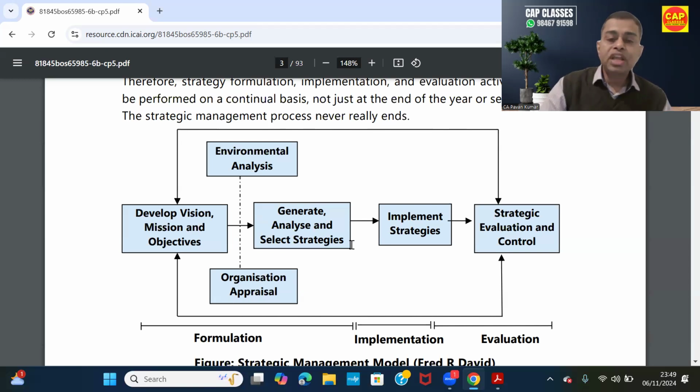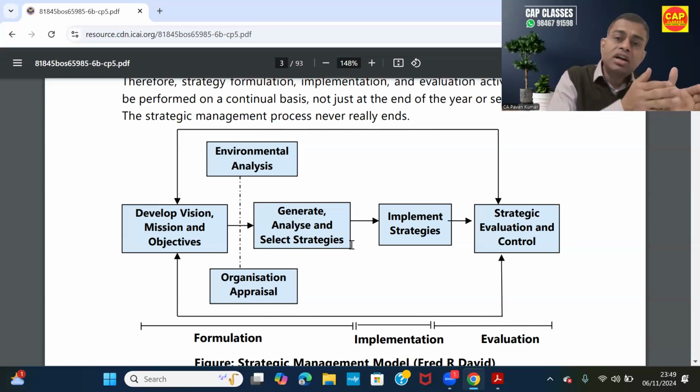The diagram is prepared by Fred R. David, and at the bottom you can see three important words: formulation, implementation, evaluation. This means the strategy formulation phase, strategy implementation phase, and strategy evaluation phase.